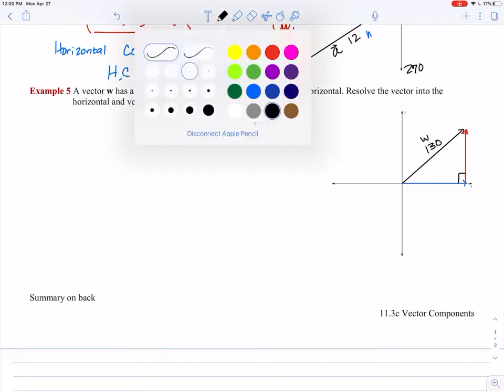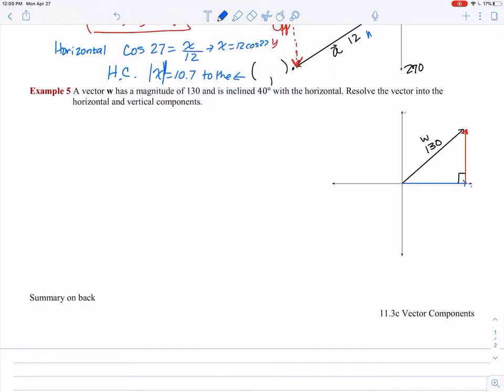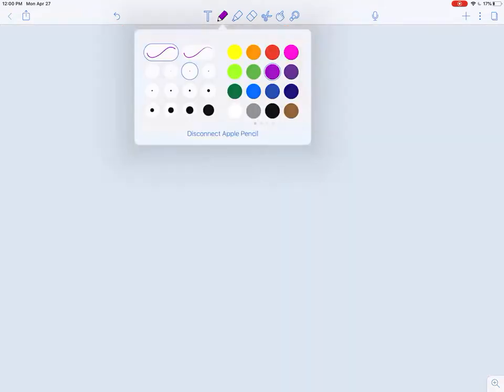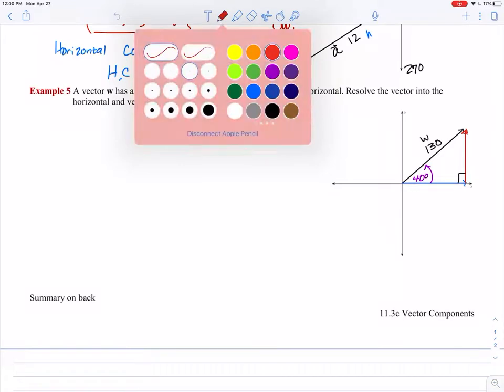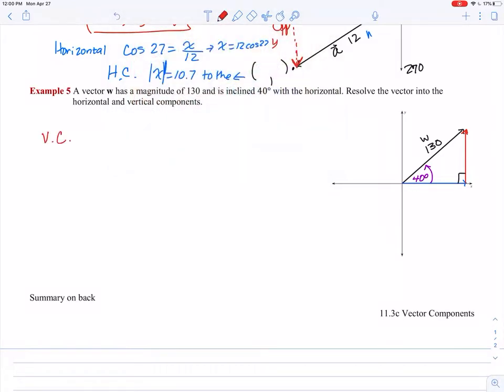And here's what we know. That this is 40 degrees with the horizontal. So that's that measure there. And so if we're looking for our vertical component, that's our y, right?